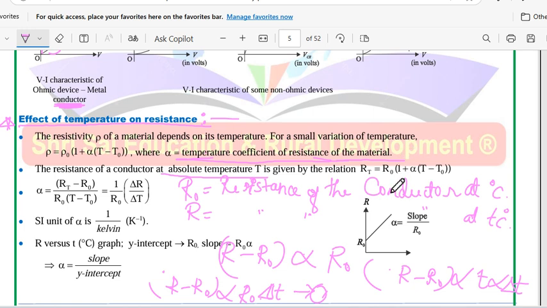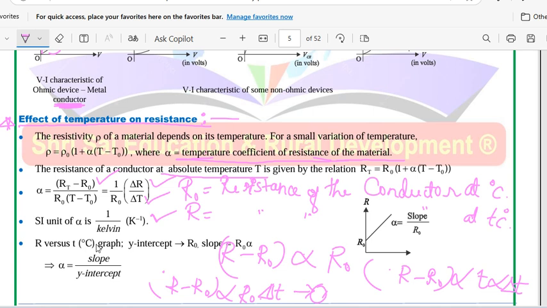So alpha is equal to RT minus R naught divided by R naught into T minus T naught, which is also equal to 1 by R naught into delta R by delta T. The SI unit of the temperature coefficient of resistance is per Kelvin.